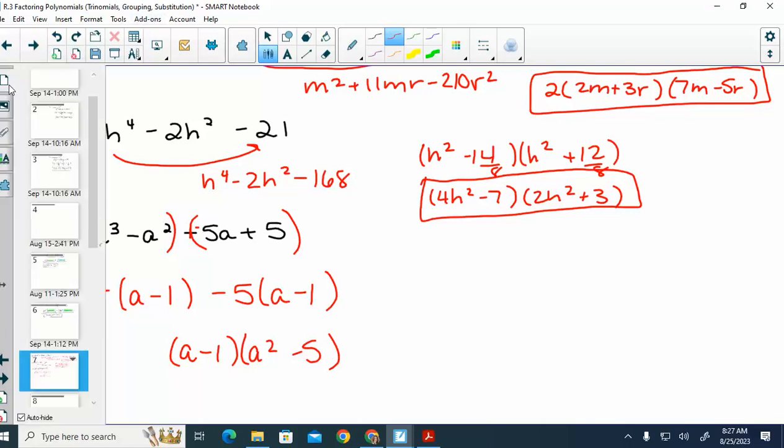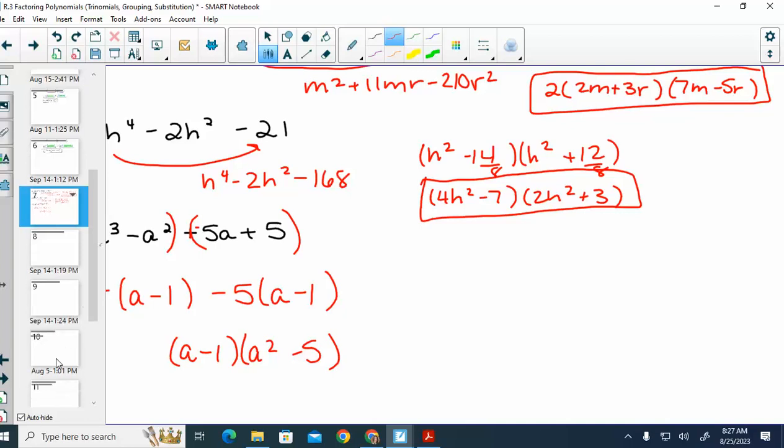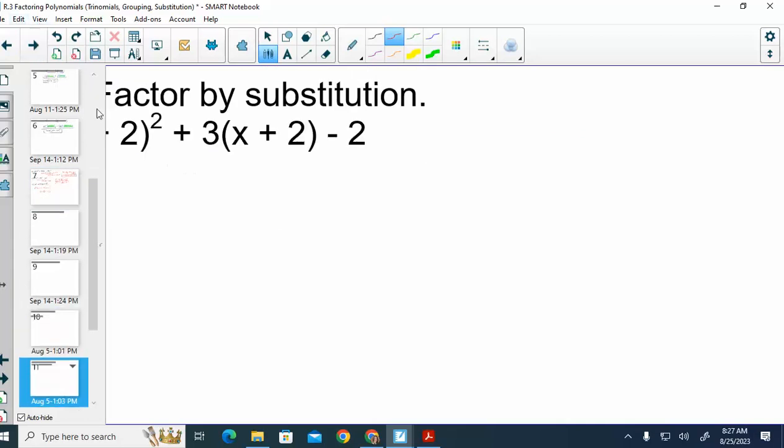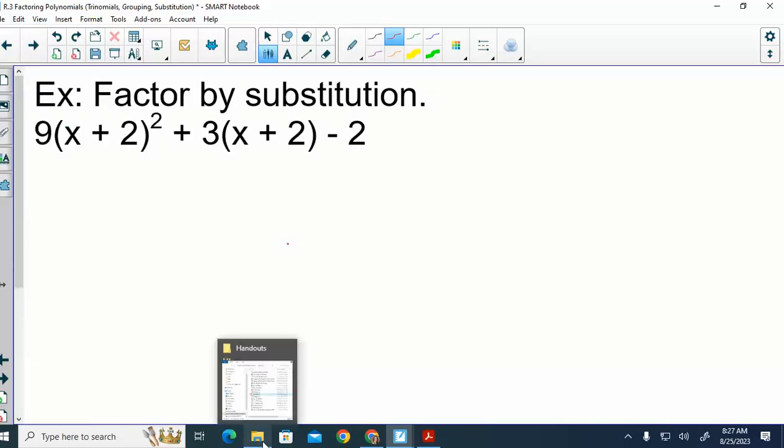So sometimes you have problems, let's do this one, that looks something like this. Now probably, if I wasn't working the problem with you, how would all of you set it up and solve it?